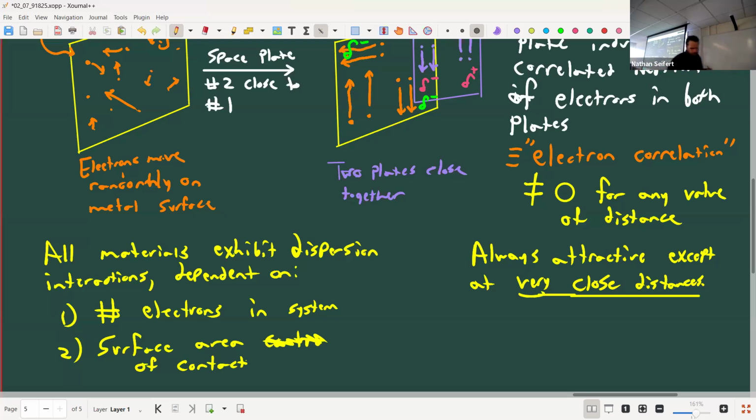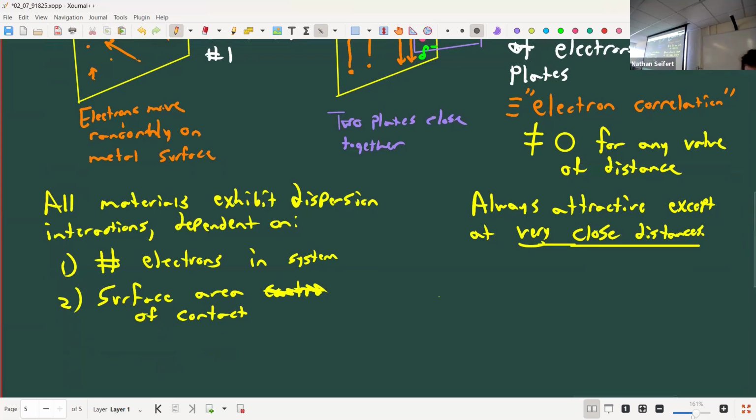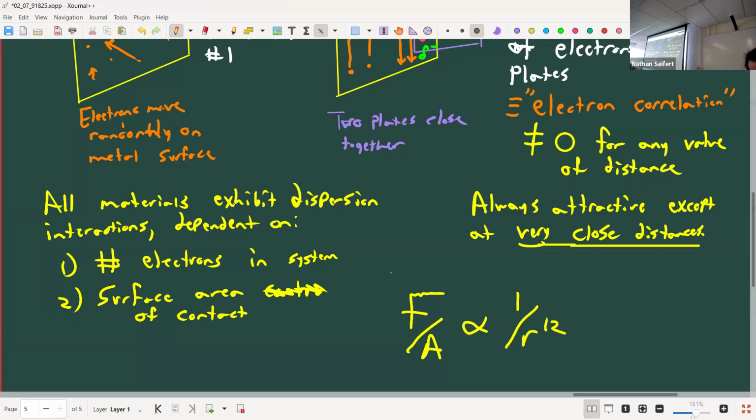How does it scale? Well, it's quite weak, considerably weaker than the electrostatic force. So the force over area for van der Waals goes as 1 over r to the 12th.